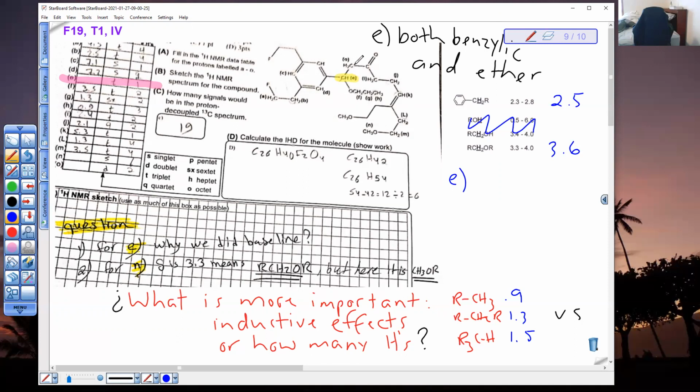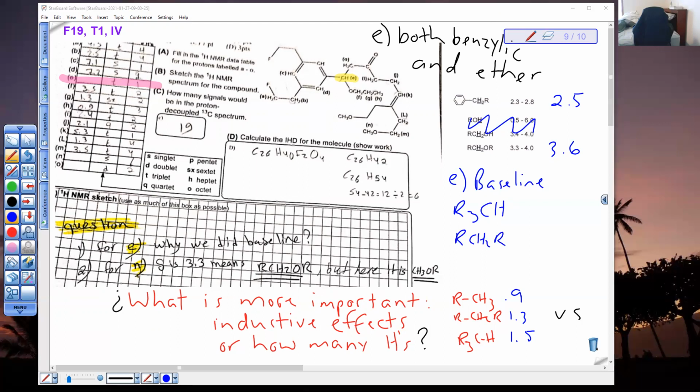So R and something else. I'll take either baseline, R3CH, or you could make an argument there aren't 3 R's there, Dr. Whitaker, RCH2R. It really won't change our answer too much.